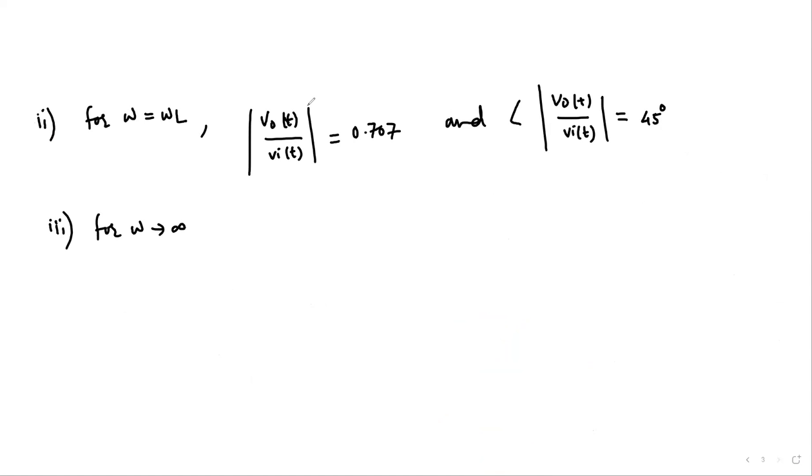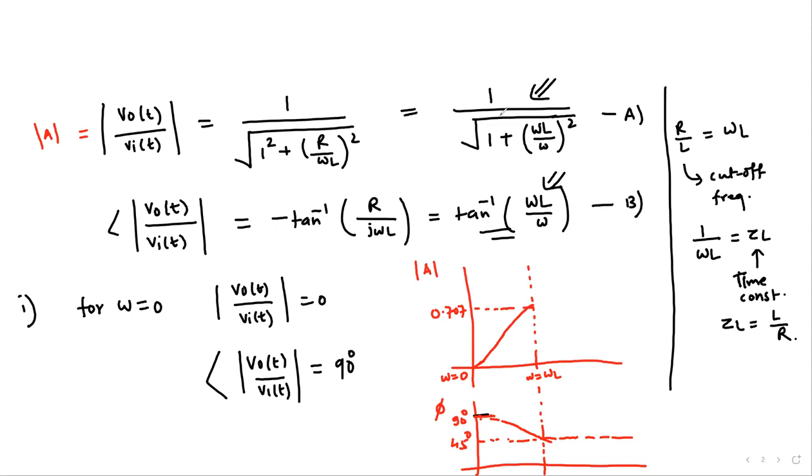Okay. And similarly, we can go for the third case, where omega tends to infinity. When omega is equal to infinity, we can write that value. So the gain becomes 1. Why? Because we plug in the value of infinity in this equation.